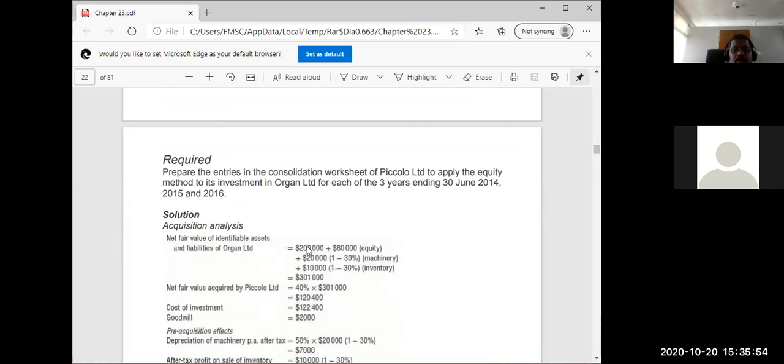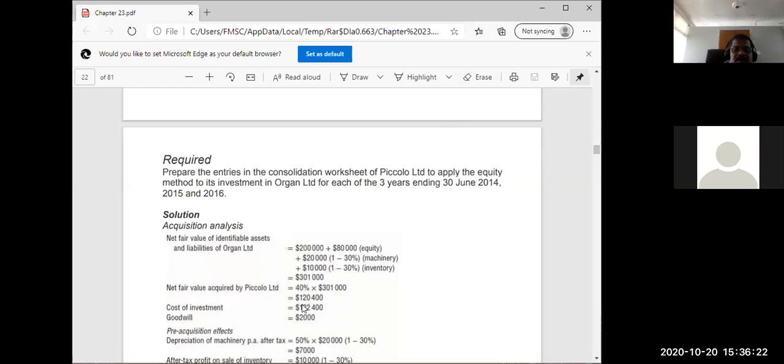And you can remember this 200,080, that is the book value of equity given in the question at the acquisition date. And this 20,000 and 10,000, this is the machinery upward and this is the inventory upward. That means the fair value increase. So 1 minus 30% is the tax percentage. So thereby the total equity of this question is 301 and you take 40%.